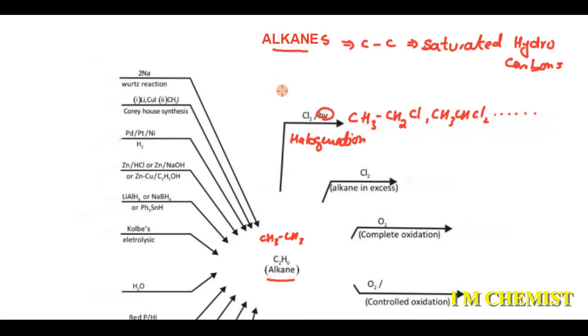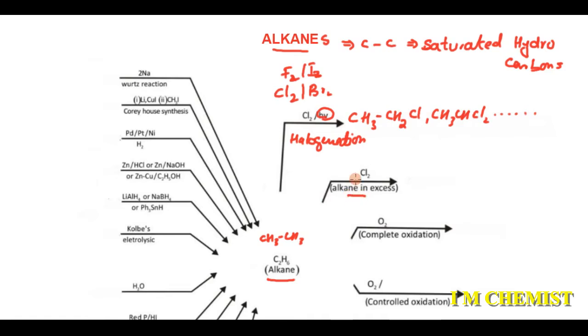In this reaction we mostly study chlorine and bromine. We don't study fluorine and iodine because the reaction for fluorine is very fast and for iodine it is very slow.